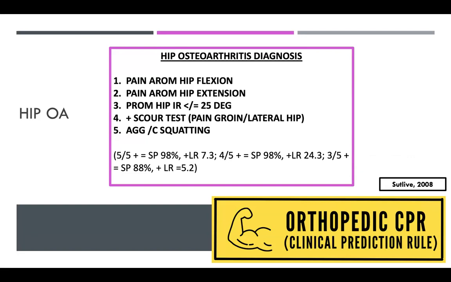This is the reason I brought this in: this is one of our clinical prediction rules that we will utilize in orthopedic physical therapy commonly that highlights some of the clinical signs and symptoms or cluster of findings that we may expect for an individual with hip osteoarthritis. So because of that joint space narrowing and some of those inflammatory processes, we would expect that an individual may have pain with squatting. They may have pain with compression at the joint or a positive scour test.